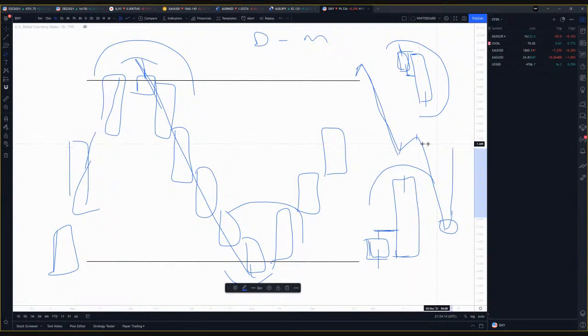And then once it gets there, you want to look for a sell back down in a trending environment. We are talking about a trending environment.